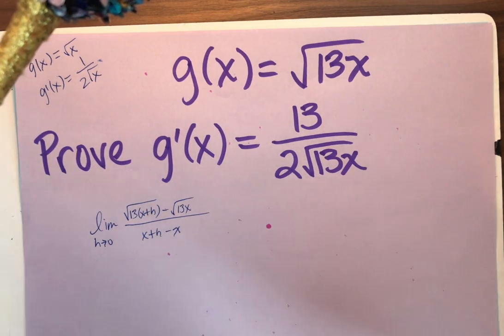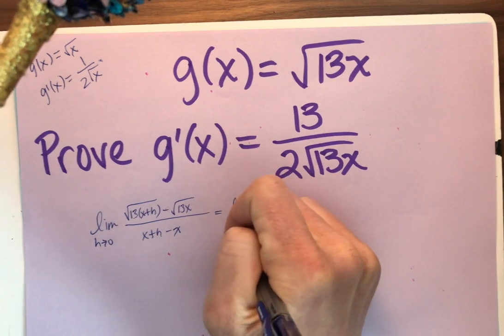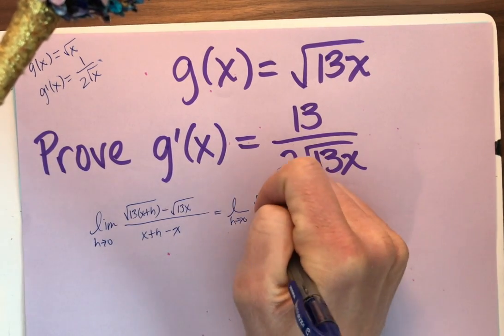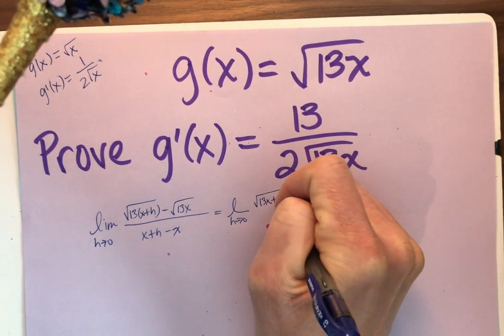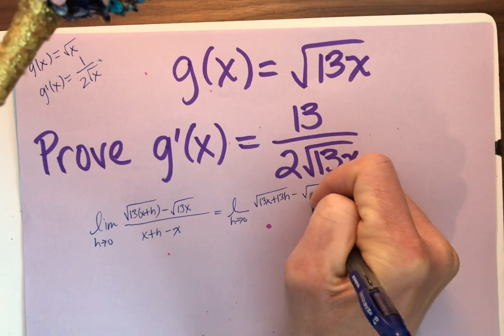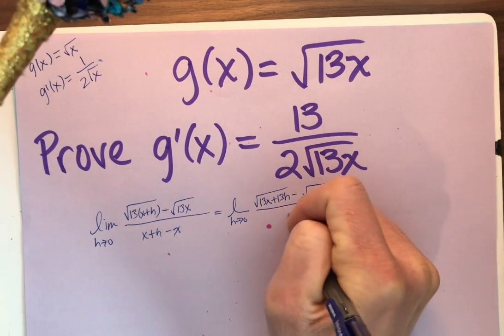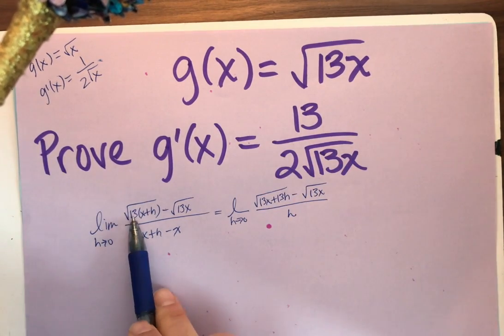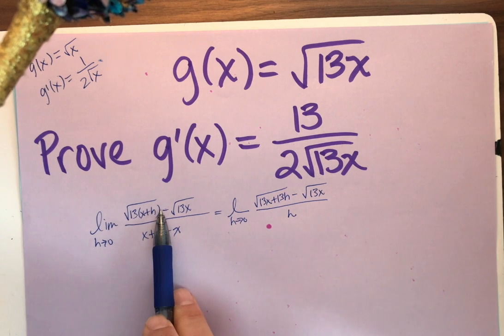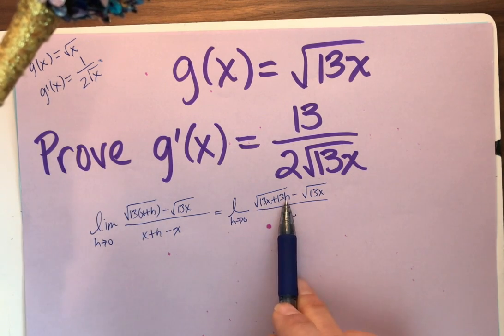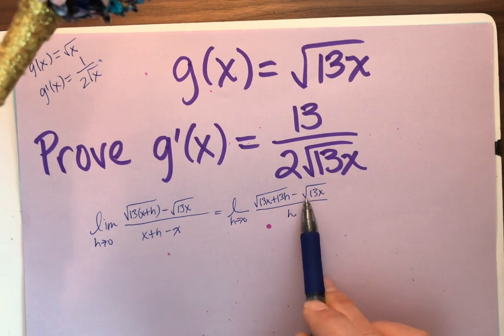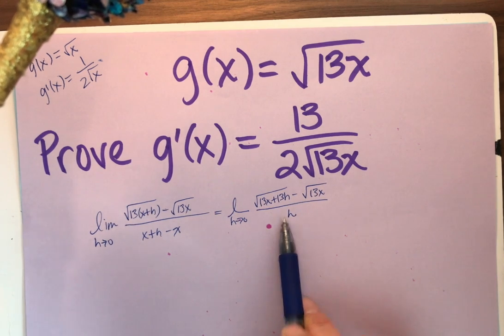Okay, now we're going to do some math magic. This can be rewritten as the square root of 13x plus 13h minus the square root of 13x all over h. So I distributed the 13 that was underneath the radical.